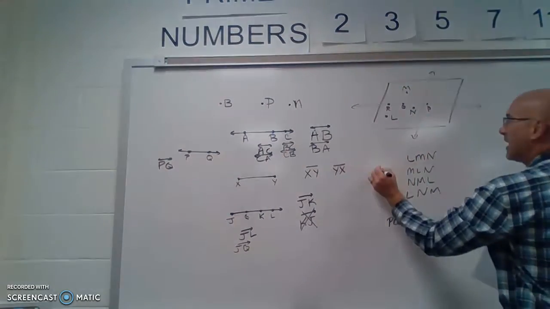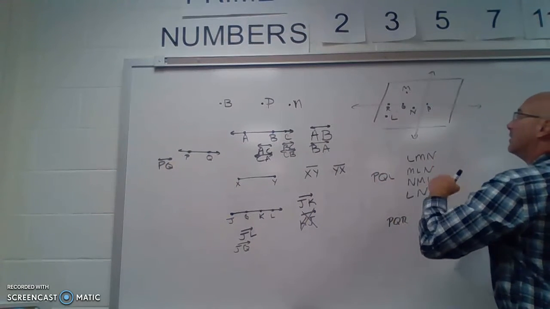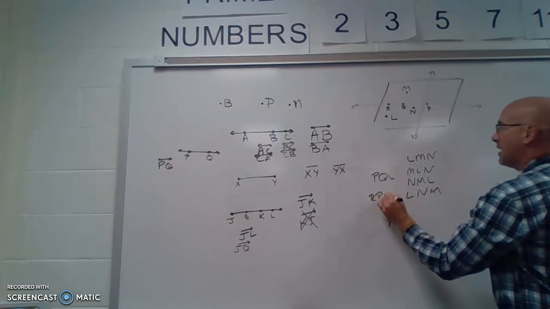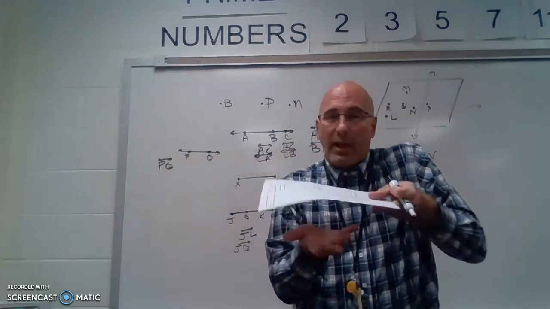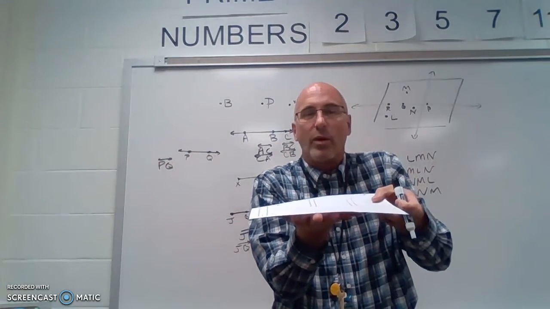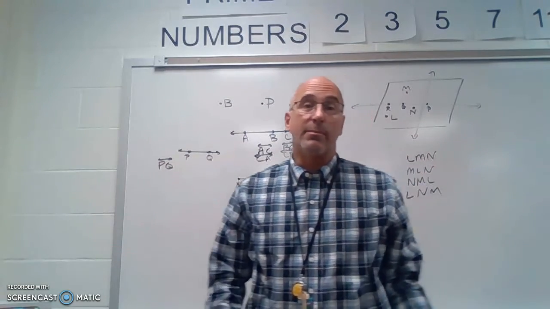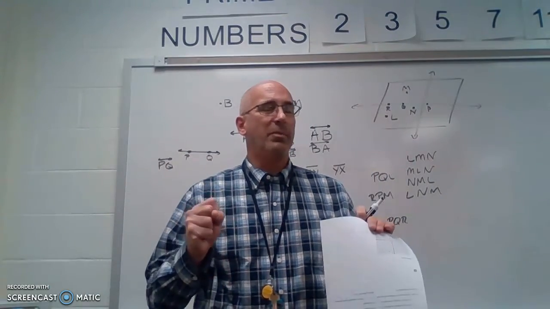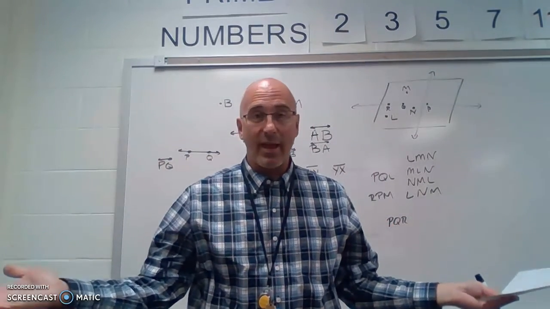So we could say it's plane PQL or RPM. There are so many ways that we could label this plane. So we are picking 3 points from this plane that are not in the same line, and that's how we are naming our plane. So that is the basics of geometry. We're going to be using these terms for the entire unit and beyond.